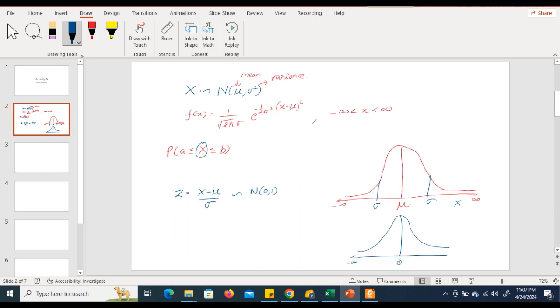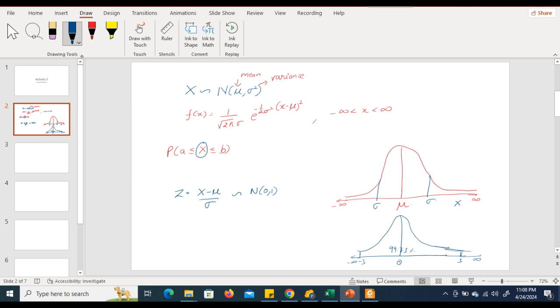Its value also varies from minus infinity to infinity, but approximately 99.73% of the area lies between minus 3 and 3 only. This is the basic information we need to know.